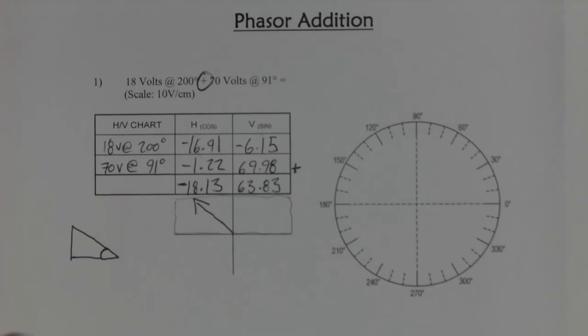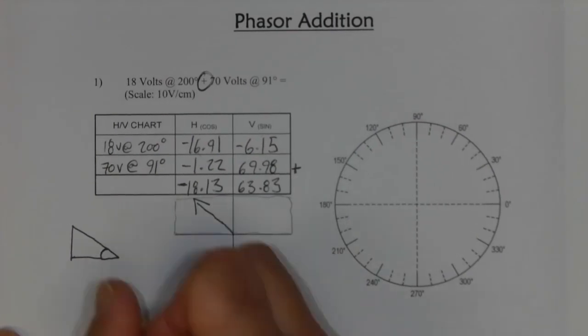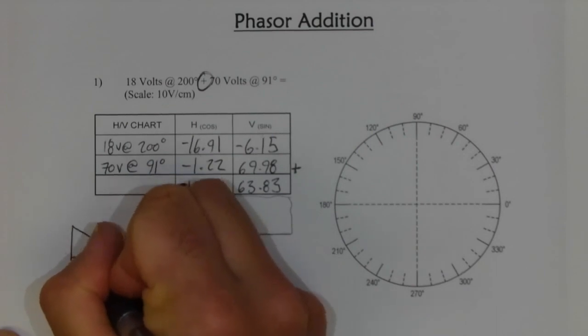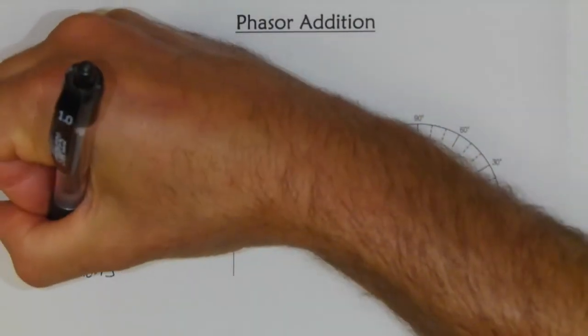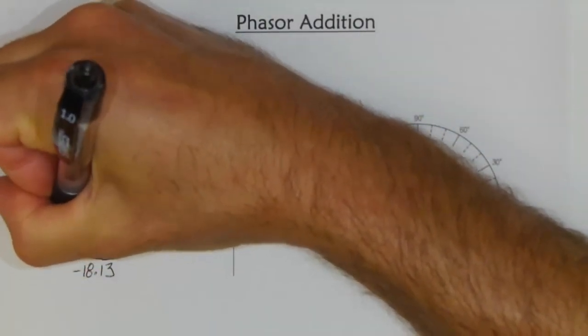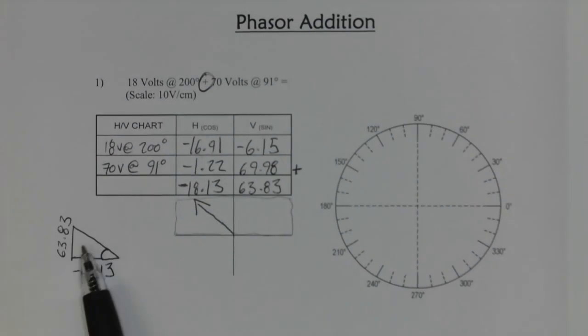And let's also fill in some of the other values. So the horizontal is negative 18.13, and the vertical is 63.83. In order to work out the hypotenuse, I think it's easiest typically to just use Pythagoras. So Pythagoras, a squared plus b squared equals, well, after you square root it, c squared.